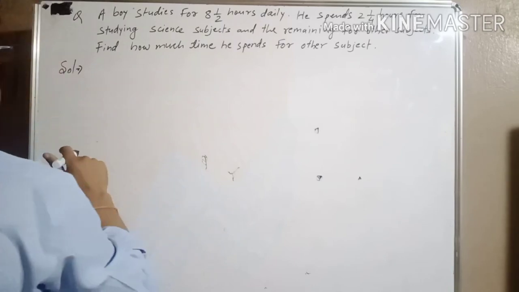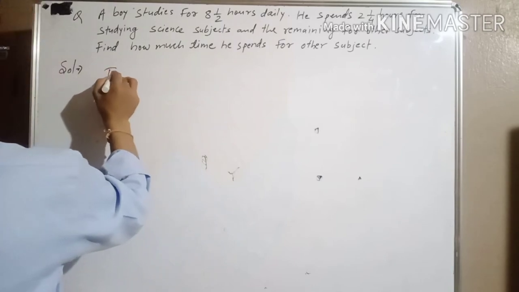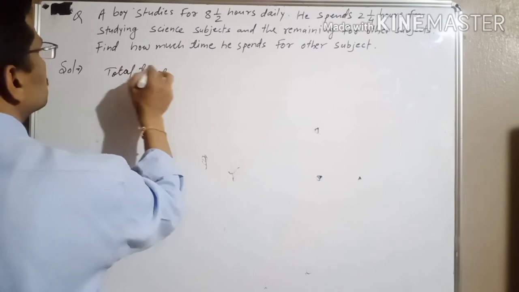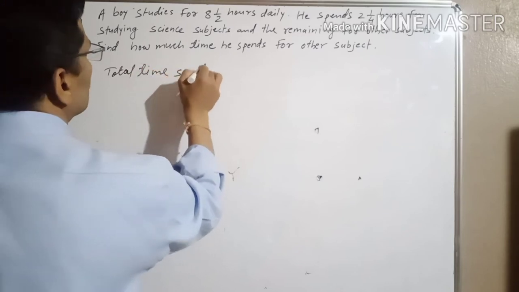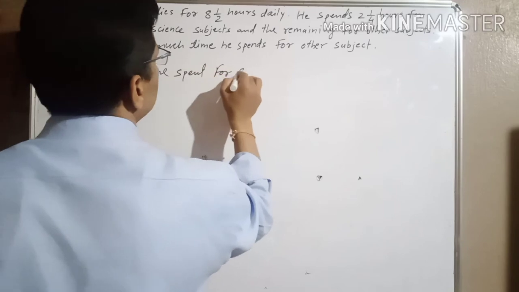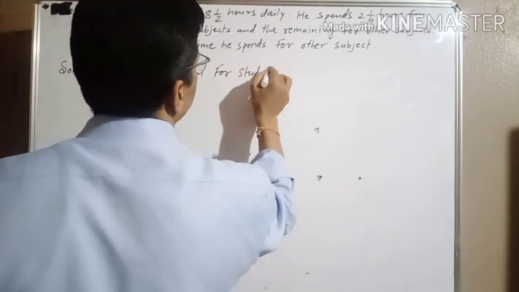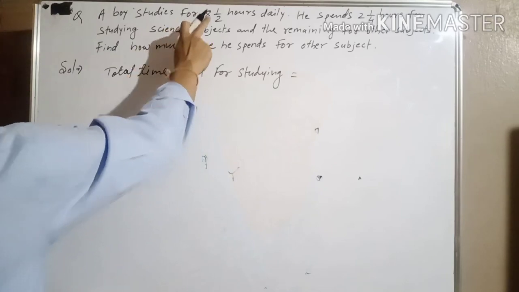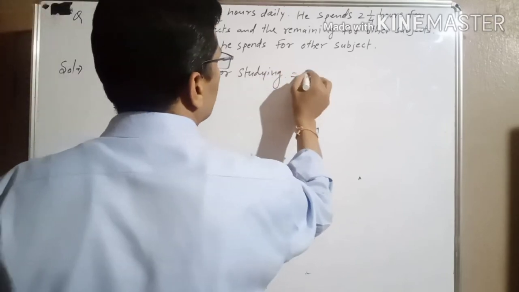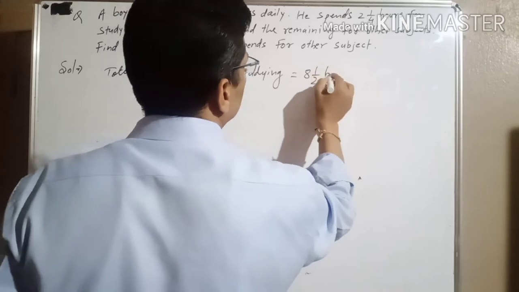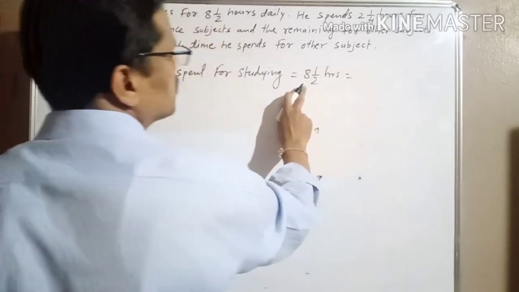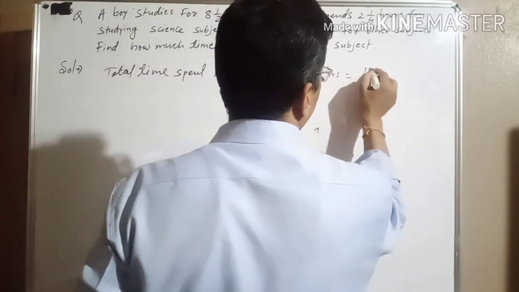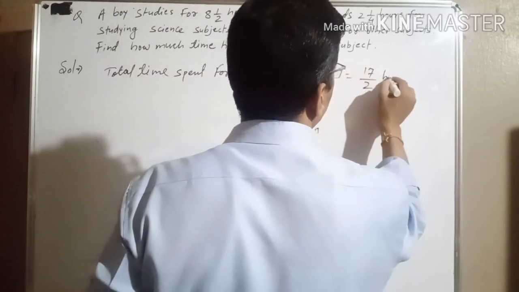So we can write here the total time spent for studying is 8 whole 1 upon 2 hours. This mixed fraction can be converted into an improper fraction: 8 2s are 16, 16 plus 1 is 17. So we can write here 17 upon 2 hours.